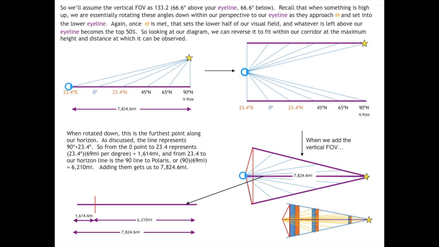And adding them up gets us our 7,824.6 miles. As you can see on the lower left, we've outlined how those distance relationships work themselves out. The red line represents that vertical line dropped from that 66.6 degree triangle along 23.4 degrees, dropping it down perpendicular to the eye line.